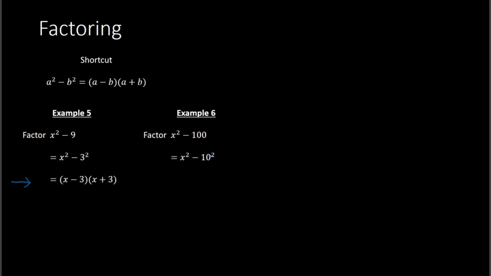To factor, I take those numbers, the x and the 10, and I put them there and then here, and make one plus, make one minus. It doesn't matter which one's plus, which one's minus, as long as they have different signs. So my solution, my factored form, would be x minus 10 times x plus 10.